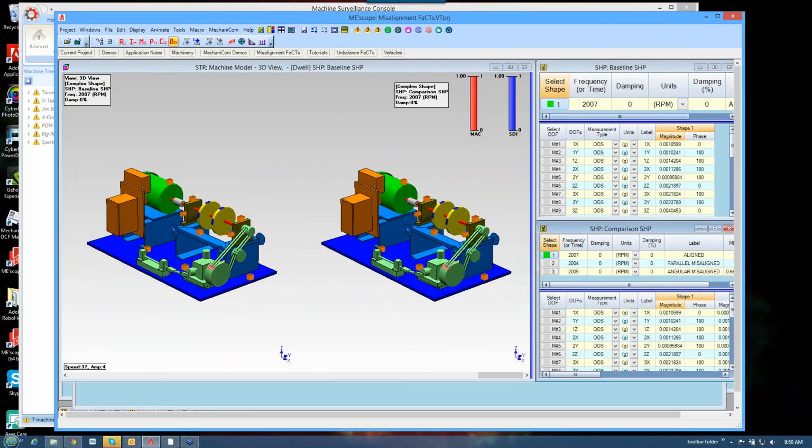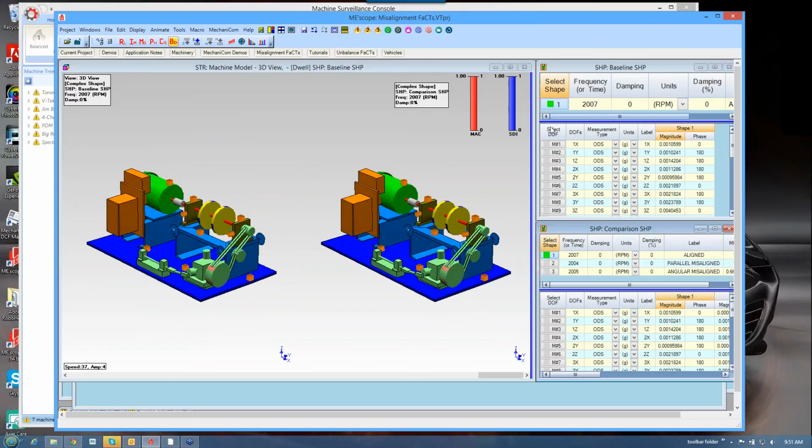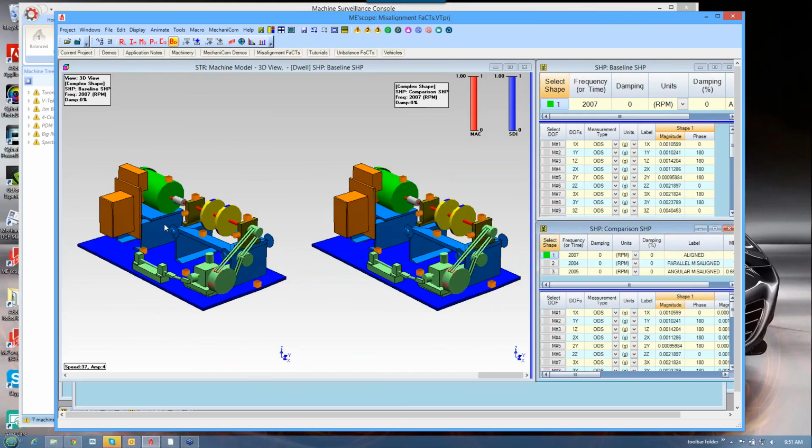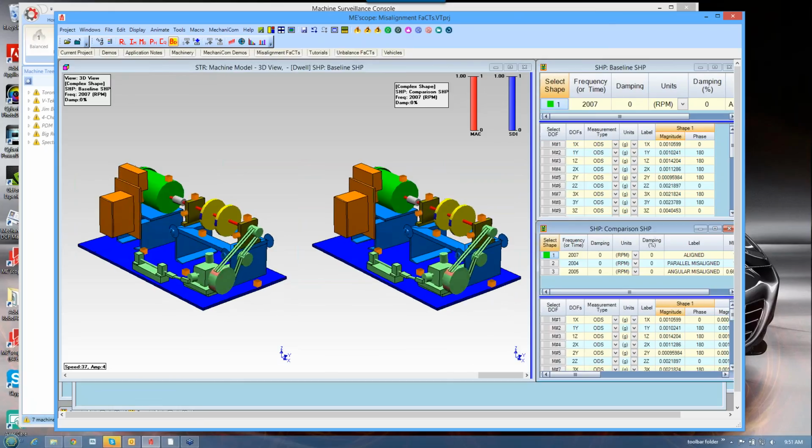So that's the aligned, there's the ODS of the aligned machine when we're in alignment between the motor and the rotors. And the same thing over here, you can see down here we've got the three cases: aligned, parallel, and angular.